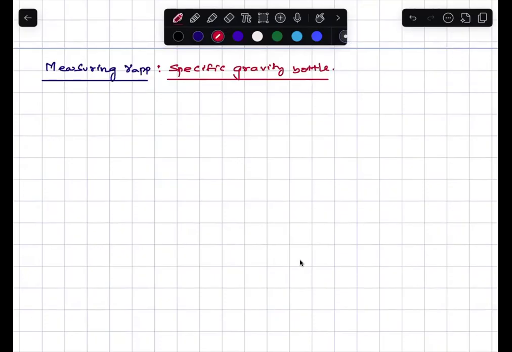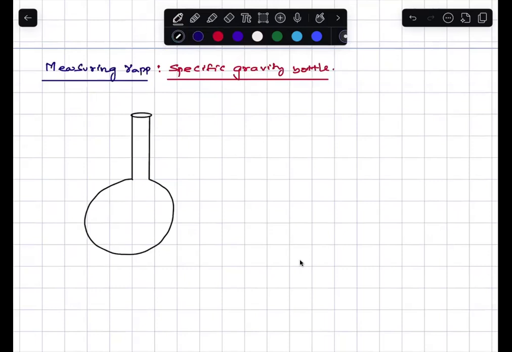So how does it look? It is a long necked and a round bottomed bottle.